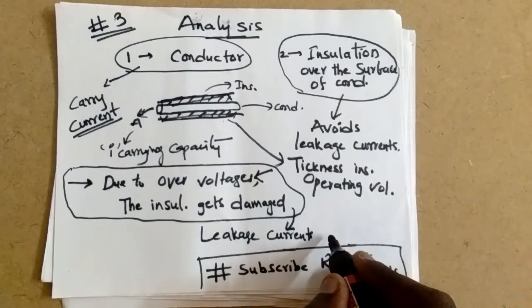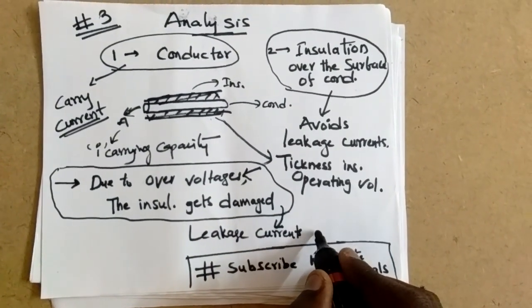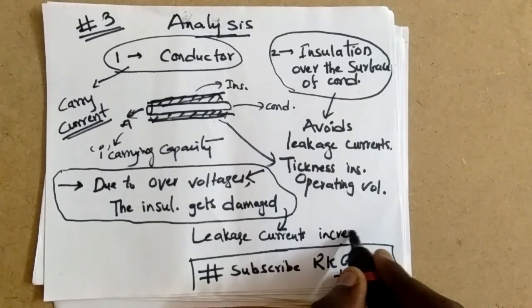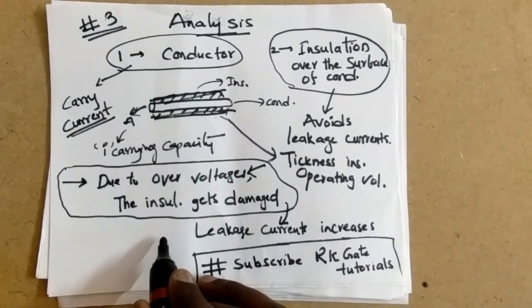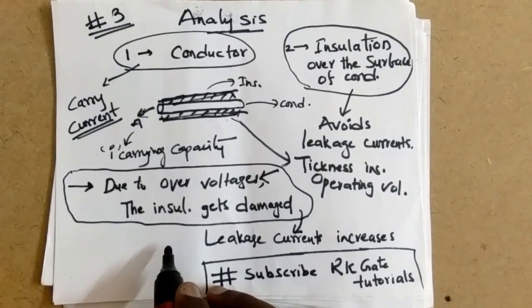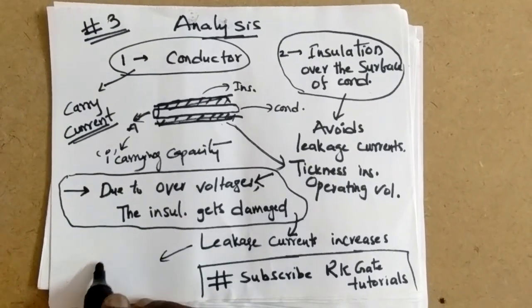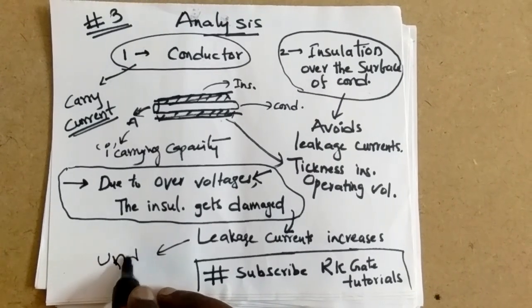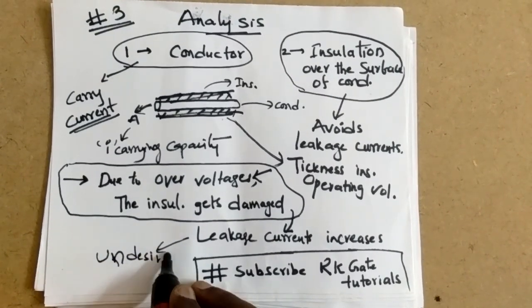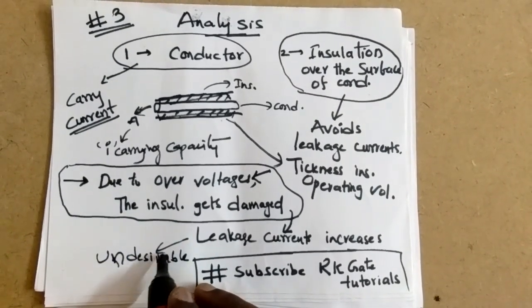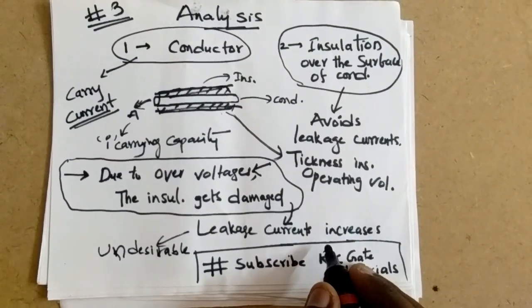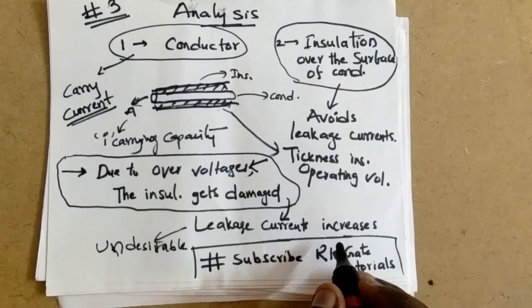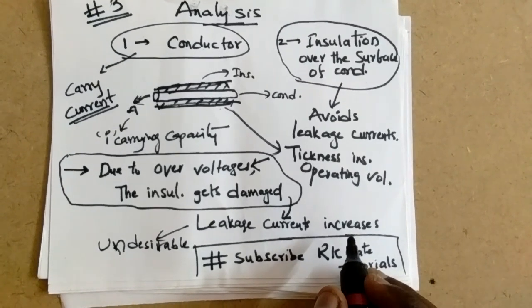The conductor allows the leakage currents, which is undesirable. So this is the effect of the open circuit fault.